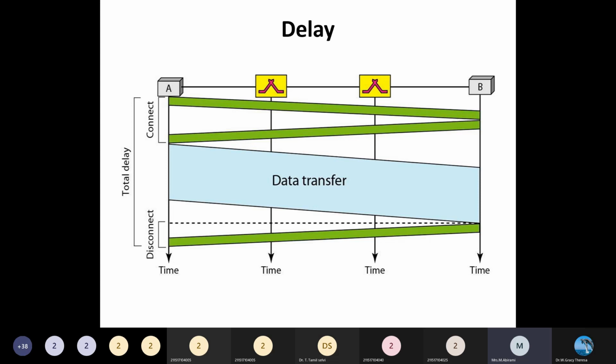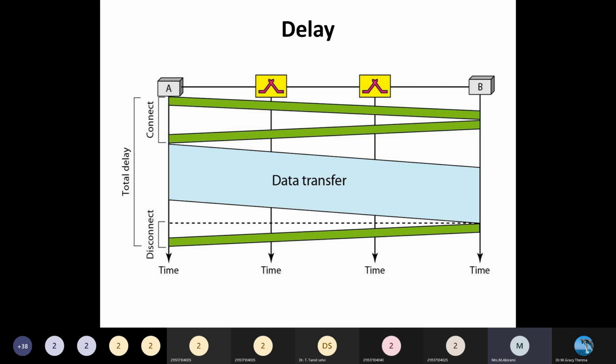Okay, here in the top another one is the delay in a circuit switched network. So in this figure, the delay is calculated only in a time manner. Okay, the data transfer is in an efficient manner once the connection is established, so how the data transfers from A to B, that is source to destination, in a time manner.